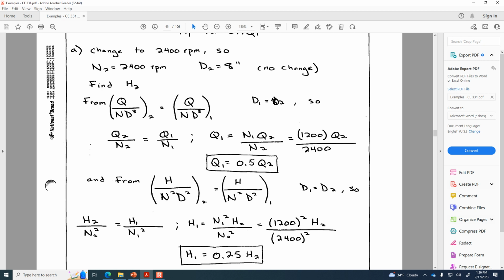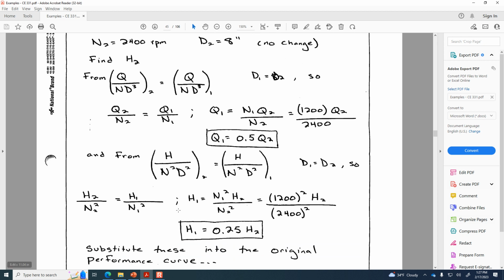On the right-hand side of the equation is 12 minus 0.1 times Q1, I should say 0.5 Q2, and square that. That's closing. 12. Okay. So we do that substitution.